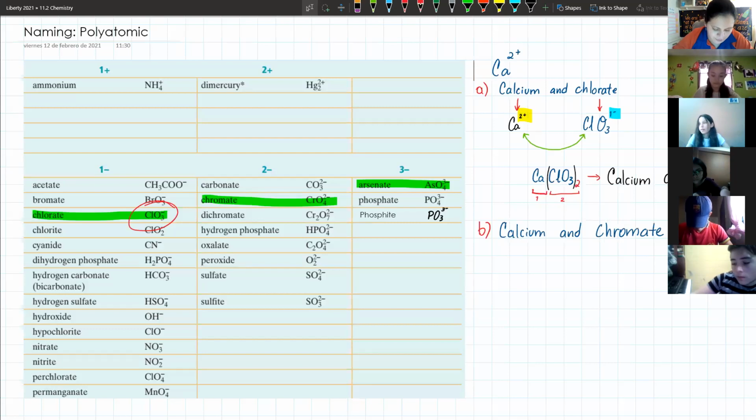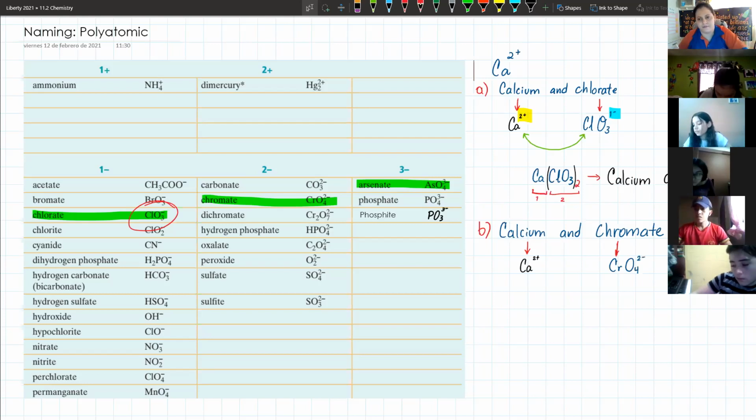Okay, calcium and chromate. What I do in the first place is write the formulas of each with their oxidation state. Calcium is Ca2+, and chromate is CrO4 with a charge of 2 negative.